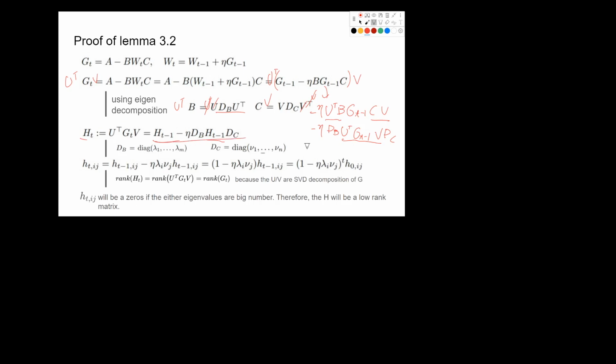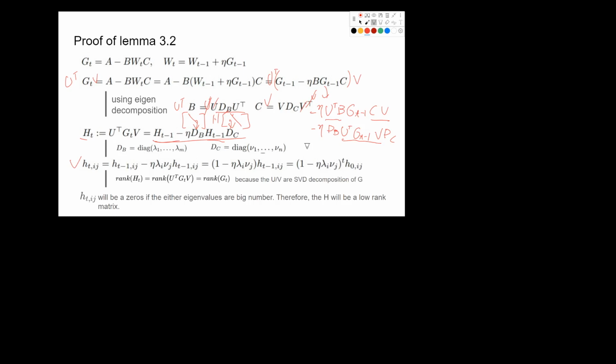Okay, and then we know that both the D_B and the D_C are diagonal matrices, so it will be easier for us to explain this by writing the formula like this. The H_t of ij will be equal to this one. You know that both of them are diagonal matrices, so only the corresponding term in the diagonal is non-zero.